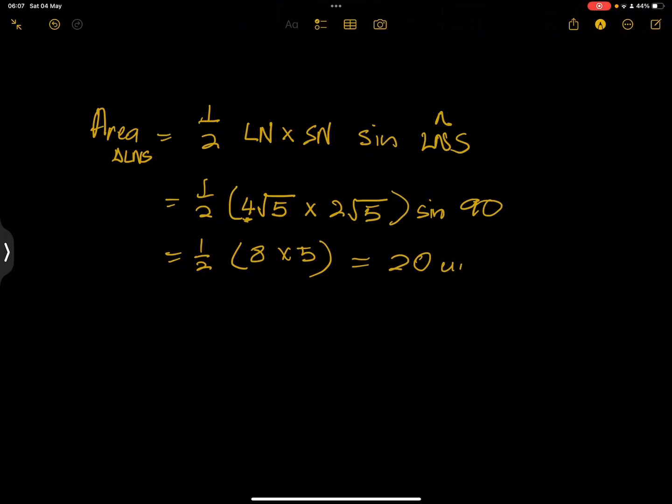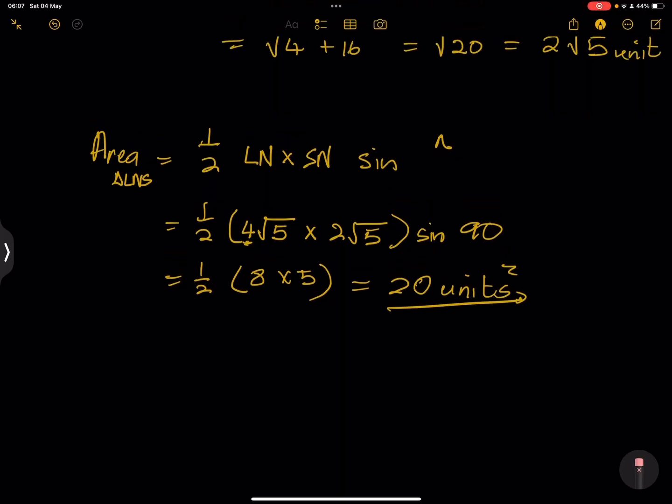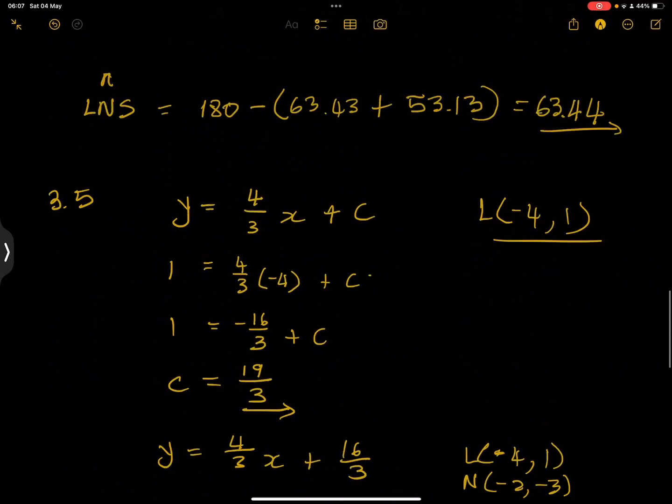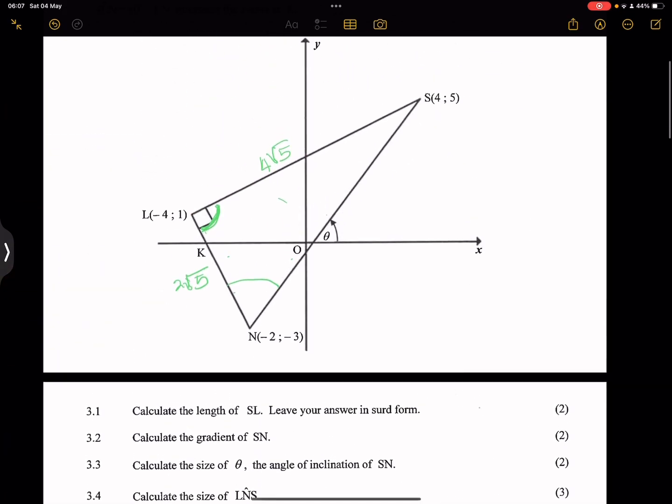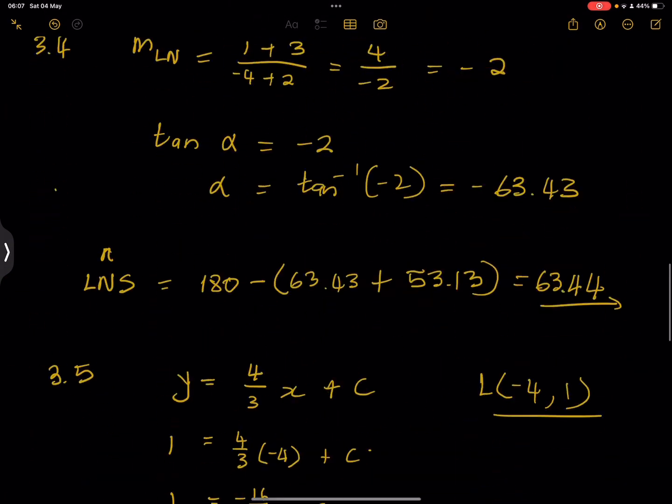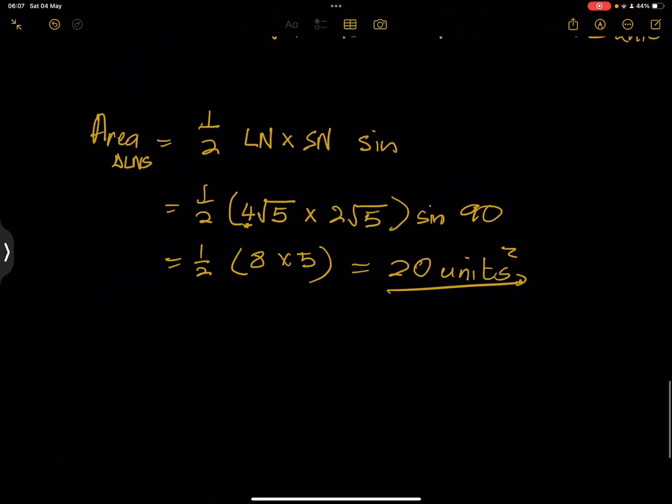Okay, so that's 20 square units. All right, so that is the area of the triangle. So the angle there would be NLS. Okay, right, so apologies about that.